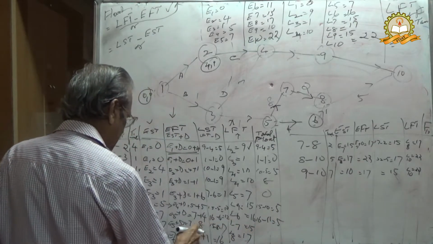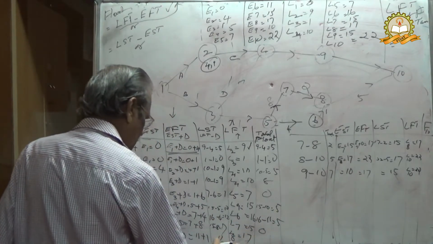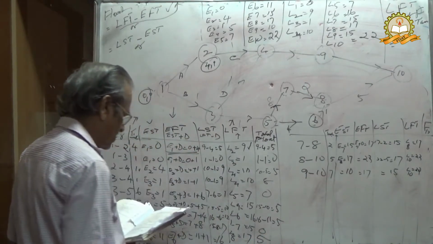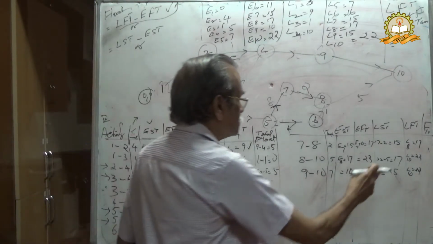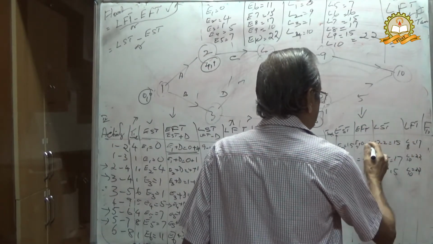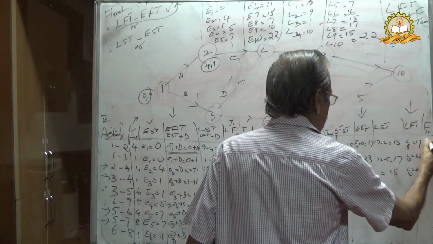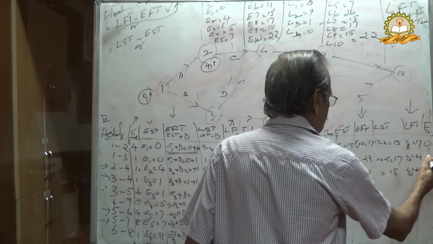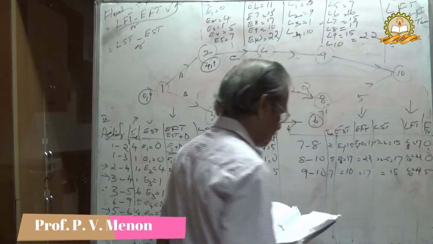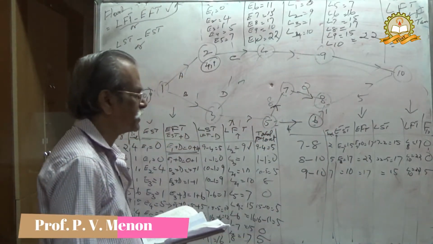Then 15 minus 15. Then 17 minus 12. Then here 17 minus 17, 0. 22 minus 22, 0. 22 minus 17, 5.